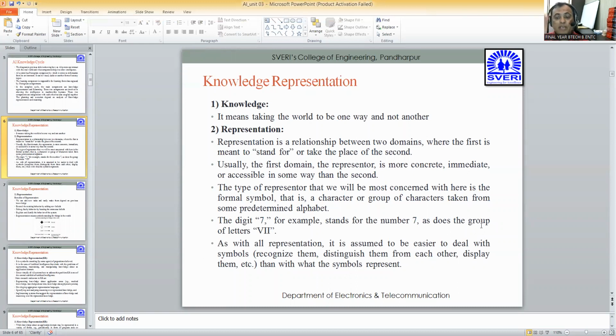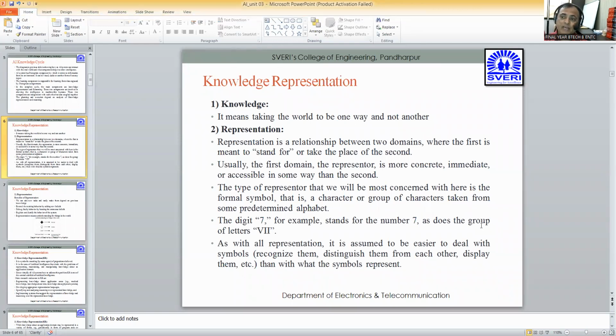The first domain, the representer, is more concrete, immediate and accessible, whereas the second one is in some way. The type of representer that we will be most concerned with here is the formal symbol, that is, a character or group of characters taken from a predetermined alphabet.